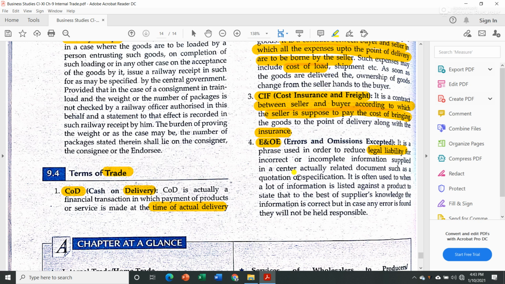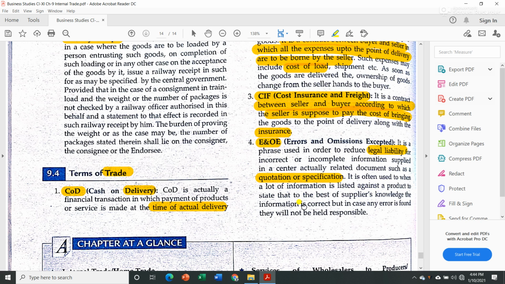Suppose you are a businessman advertising a product of your company, and you send a particular buyer a quotation or specification in which you have forgotten to mention some quality about your product, or you have given incomplete information. At that time this phrase is used.